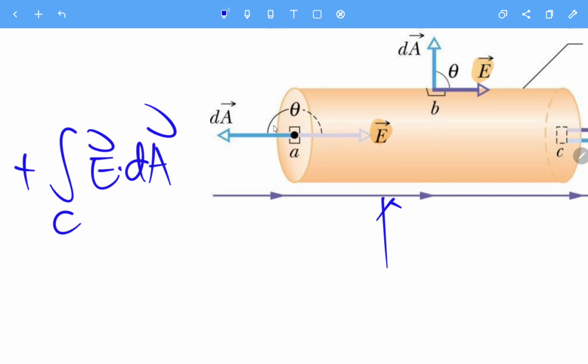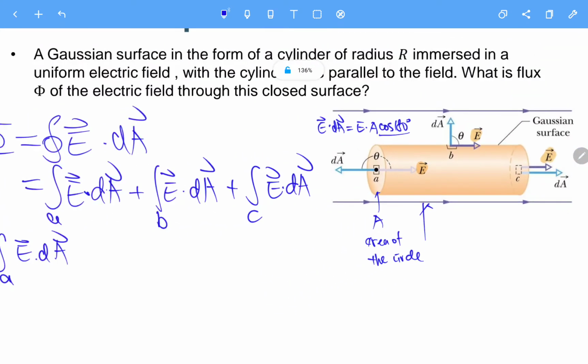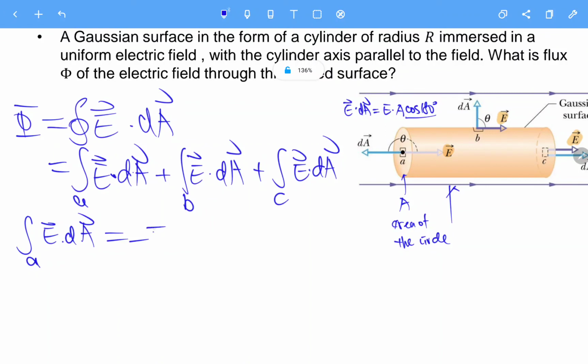So E dot dA is E times A times cosine of theta, where A is the area of the circle and theta is 180 degrees. Cosine of 180 degrees is -1, so we have negative EA.